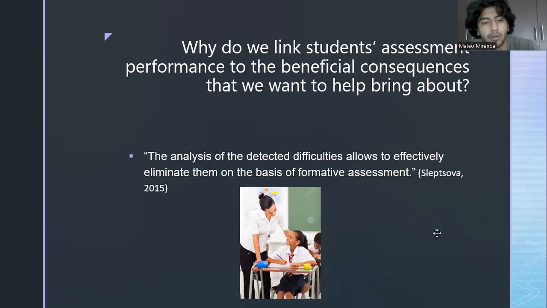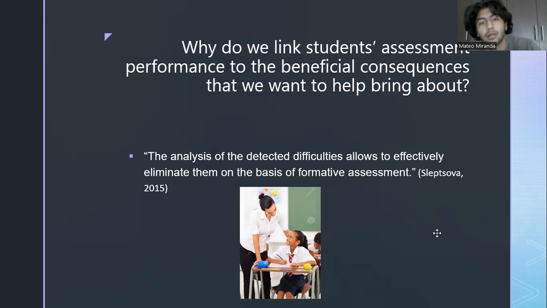So a phrase that I took: the analysis of detecting difficulties allows us to effectively eliminate them on the basis of formative assessment. Sleptsova 2015.